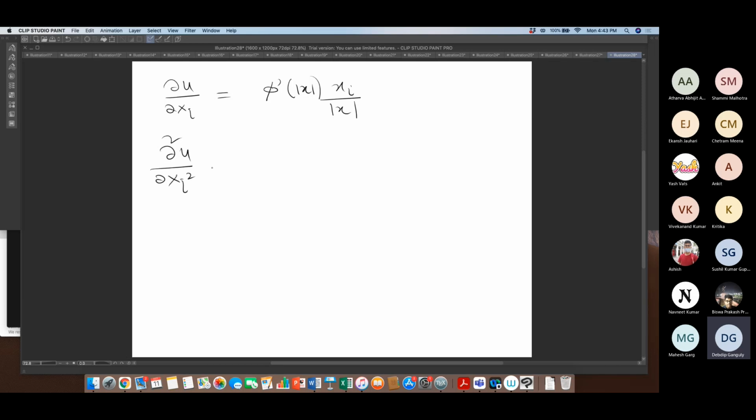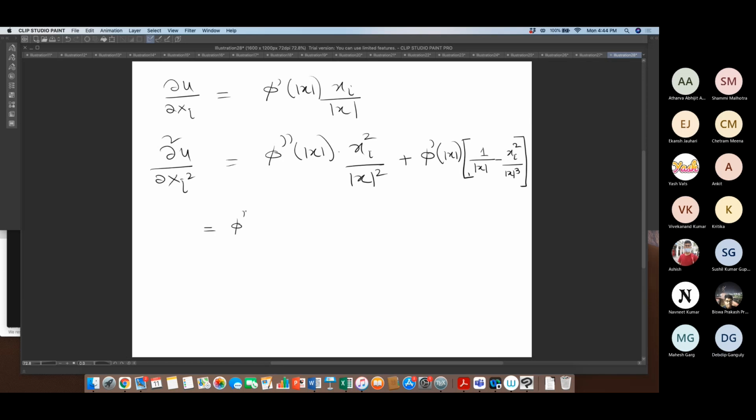What is del square u by del xi square? Phi double prime of mod x into xi square by mod x square, plus phi prime of mod x times del of (xi by mod x), which is 1 by mod x minus xi square by mod x cube.